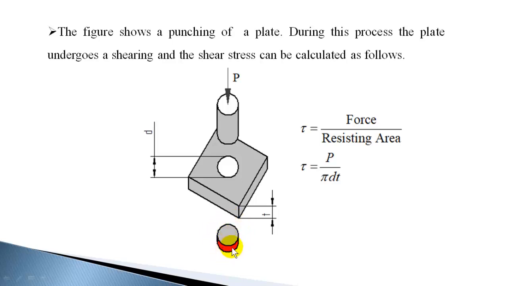So pi d into thickness will give the resisting area. So tau, shear stress, is equal to force divided by resisting area, P by pi d t. That will give the shear stress applied on the plate, or shear stress offered by the plate.